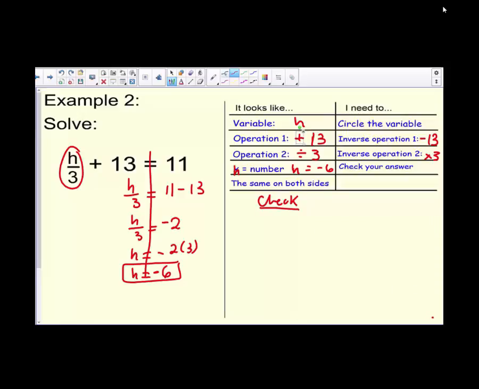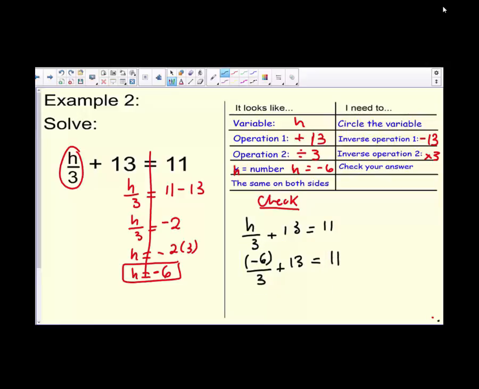And now we're going to check our answer. We're going to write down the equation, and where you see h, we're going to have its value. Remember to put parentheses. -6 divided by 3 plus 13, that should be equal to 11.